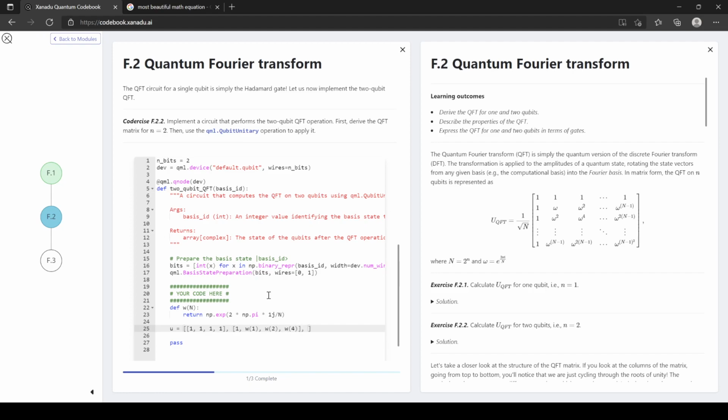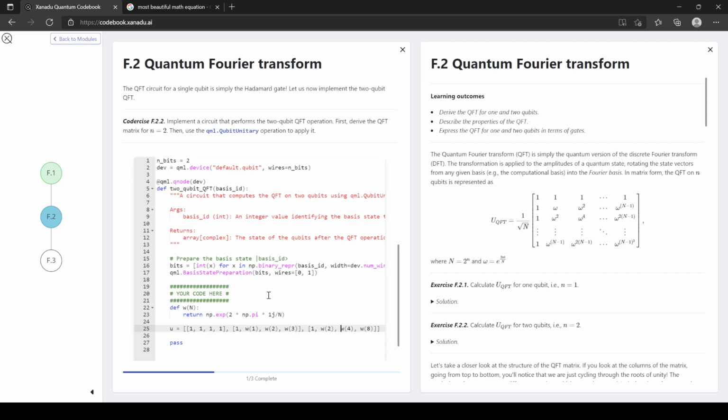Then we have our 1, W of 2, W of 4, W of 8. Oh, no, it should be 3.